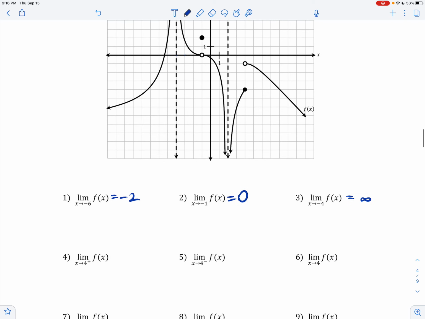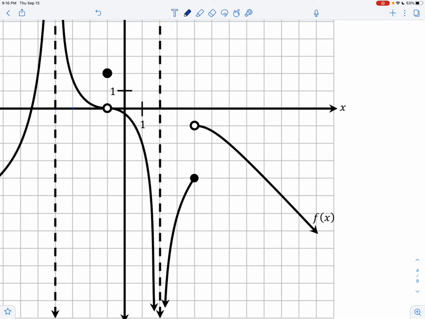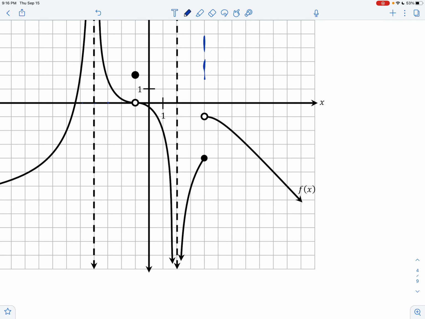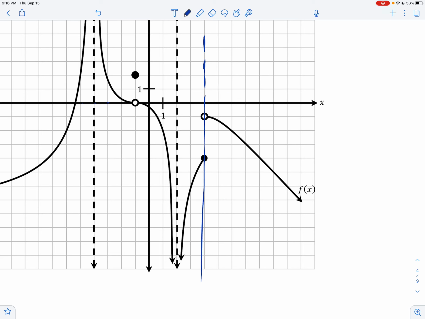Number 4 here, going to an x value of 4, but from the right side. So here's where x is 4. This is the right side of it. So someone's on this curve on the right side of 4 and walking towards it.